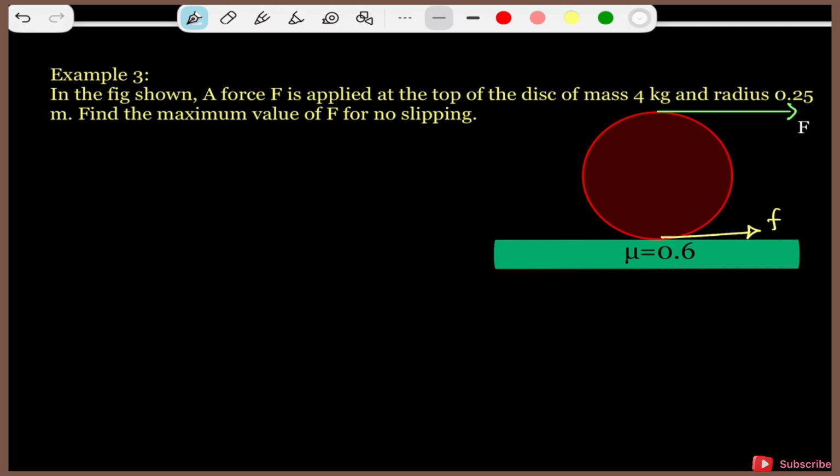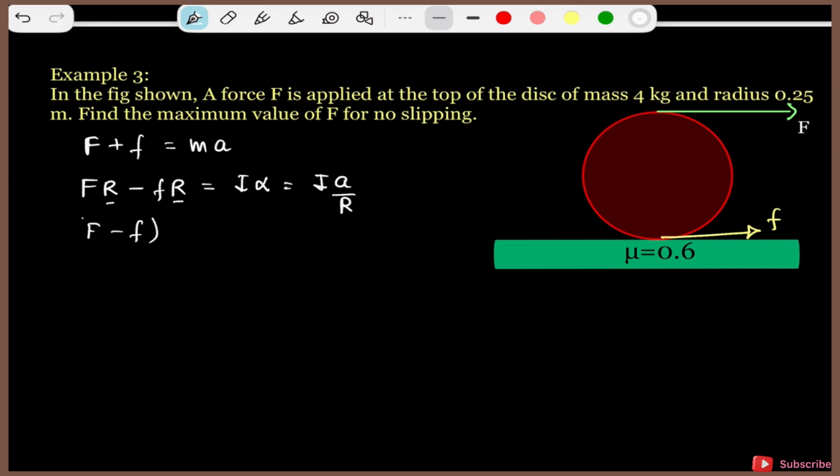So let's write our first equation, that is the external force plus friction is equal to mass times acceleration, and our second belongs to torque, that is force times R minus friction times R is equal to I alpha, and alpha can be replaced by a upon R. So we can take these R out, and F minus friction can be written as I a divided by R square, where I is the moment of inertia of this, it is a disc, right?